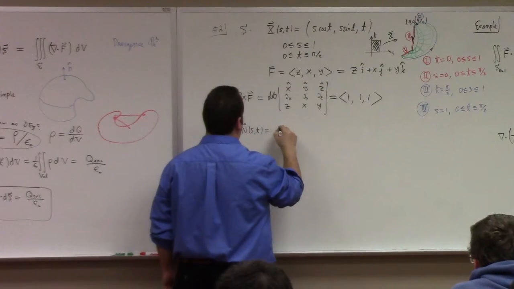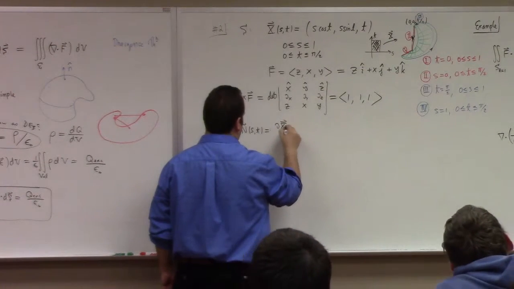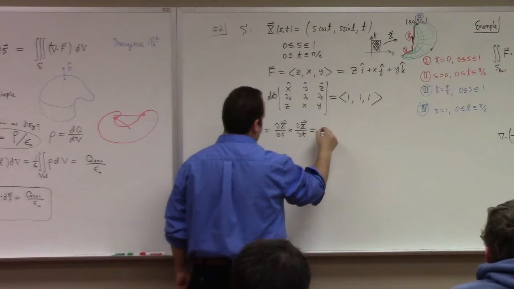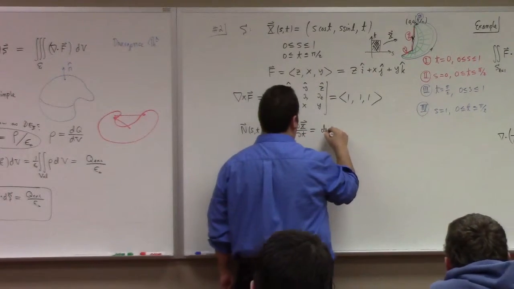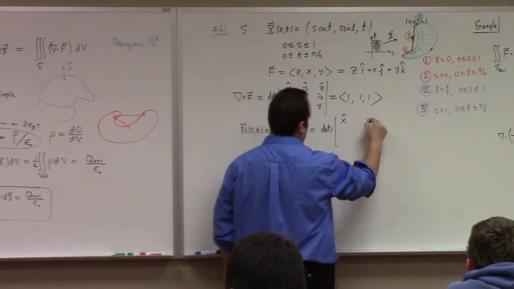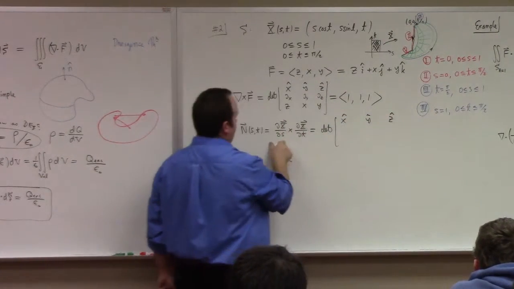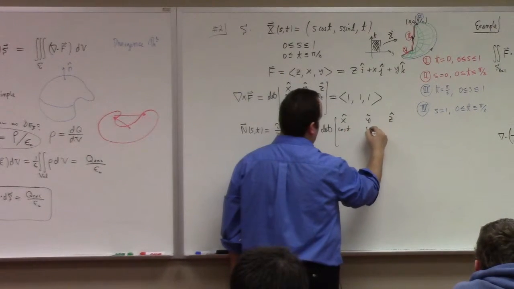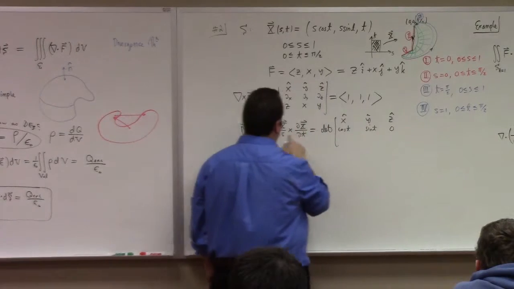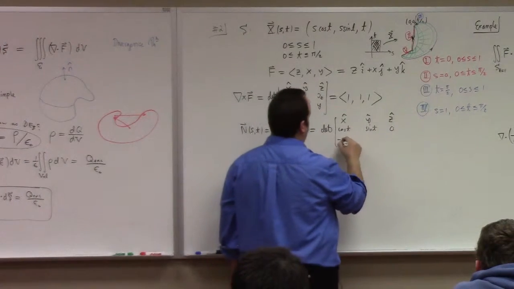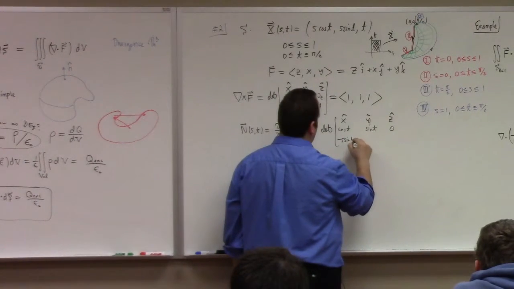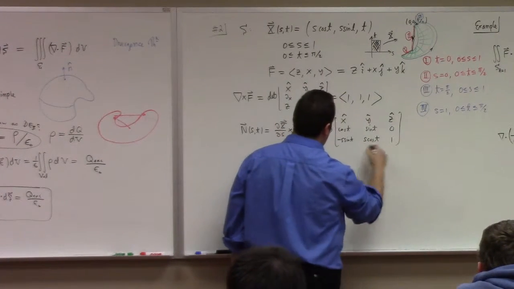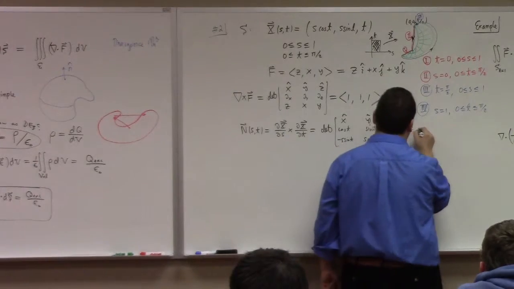It would be partial x partial s cross partial x partial t, which is going to be the determinant of x hat, y hat, z hat, and what? Partial x partial s is cosine t, sine t, 0. Partial x partial t is minus s sine t, s cosine t, 1. So what's the normal here?